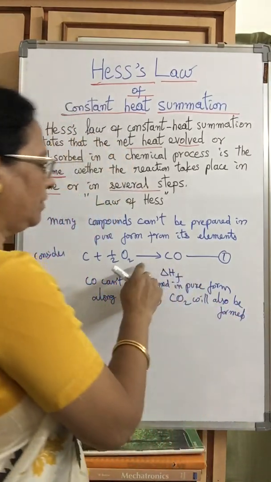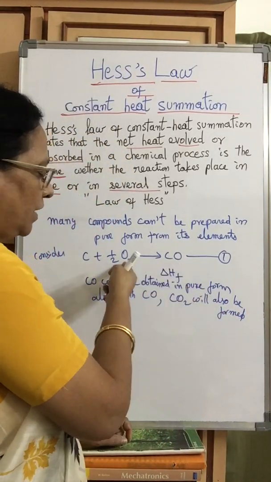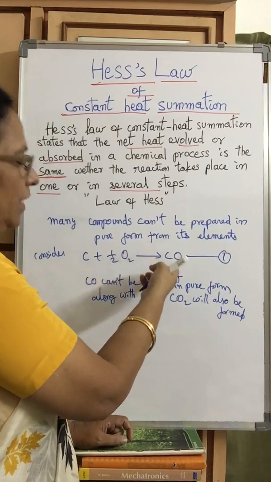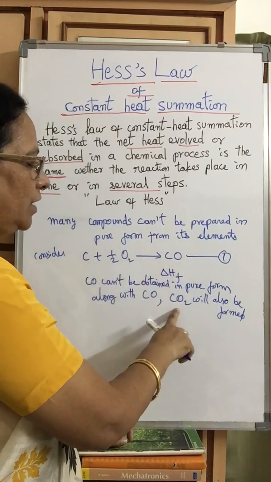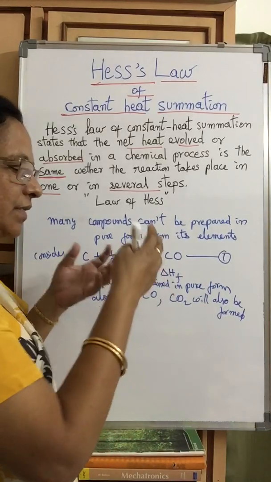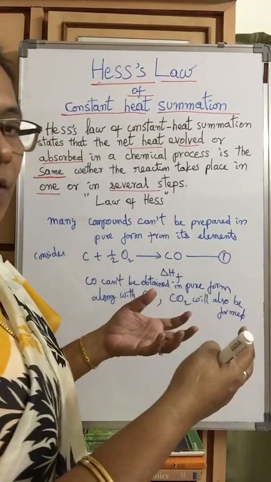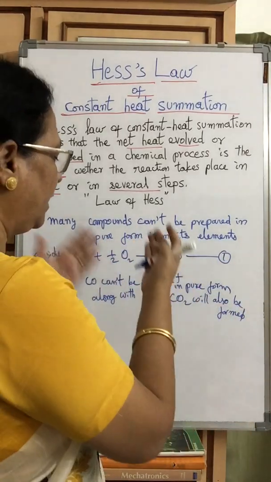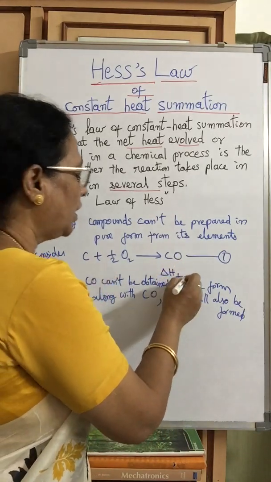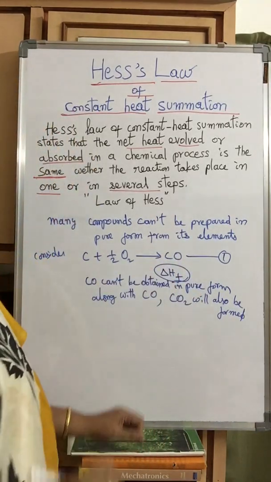Okay, because after CO is formed, again here oxygen is available now. Again it will react with oxygen, immediately CO2 will be formed. So it is difficult to prepare CO in pure form. Then when that is not possible, how can you measure delta HF of CO?